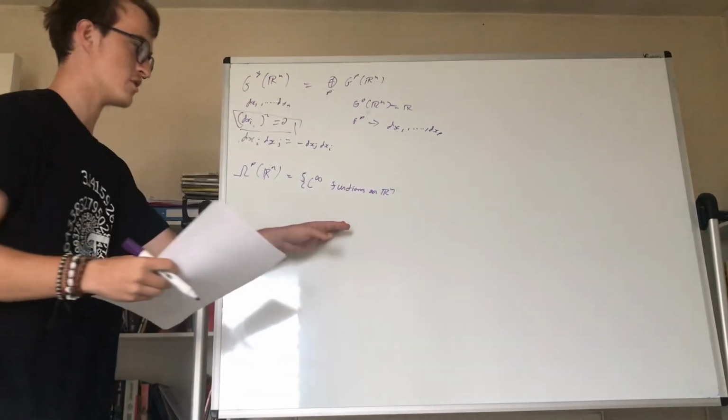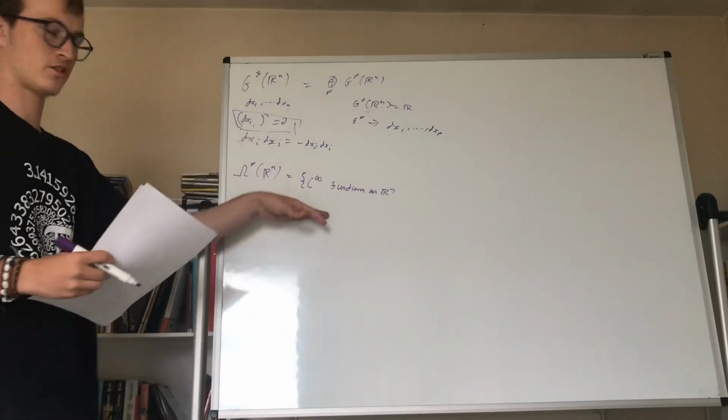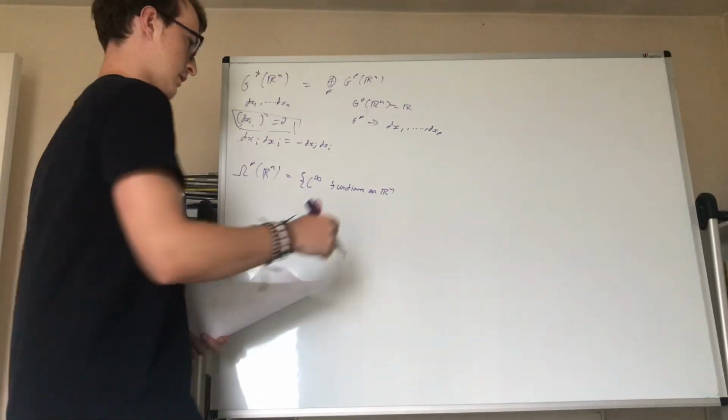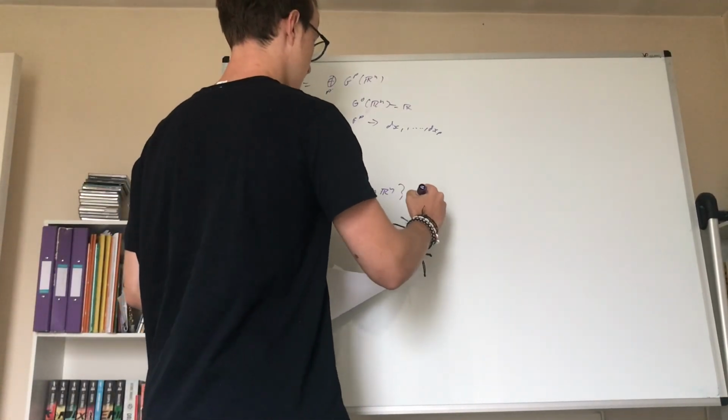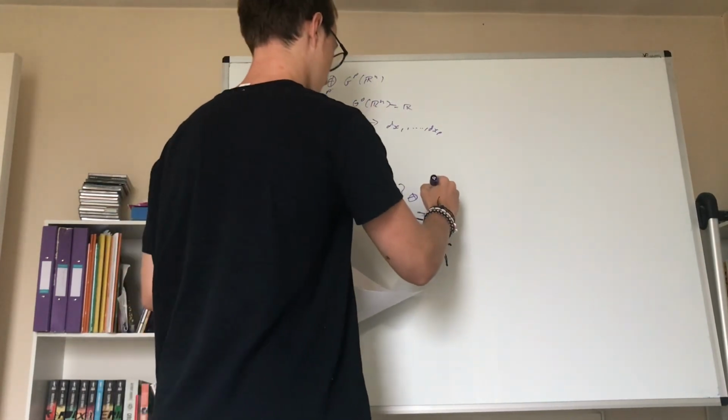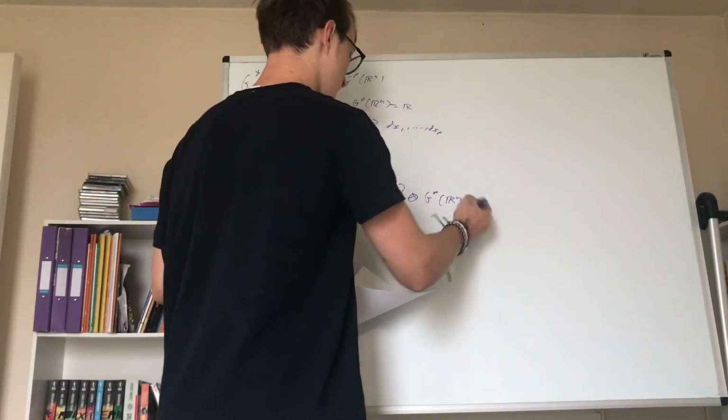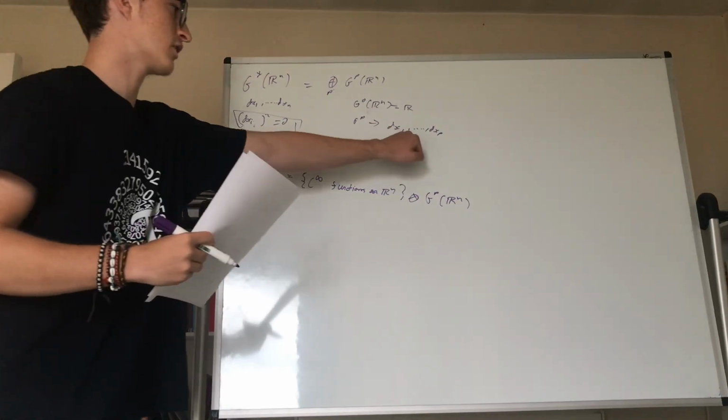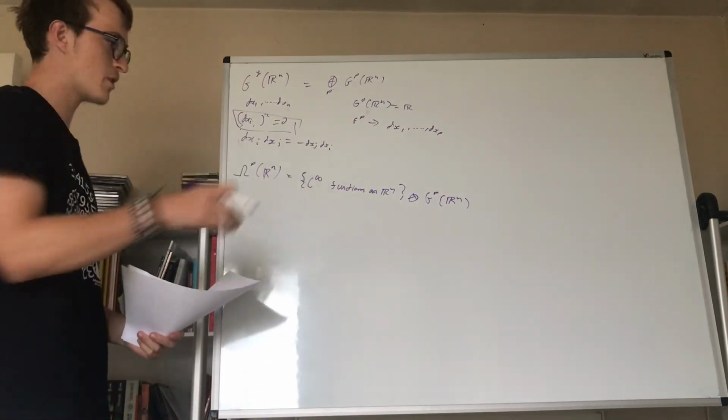So what does that mean? That means the set of all functions which have infinitely many derivatives, and then you tensor it with this Grassmannian algebra. So the pth one, so that means generated by dx1 up until dxp. So that's what a p-form is.